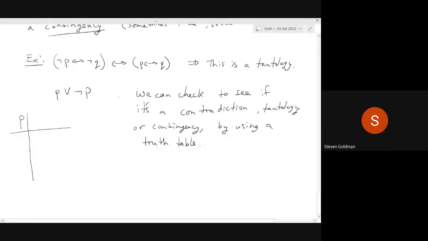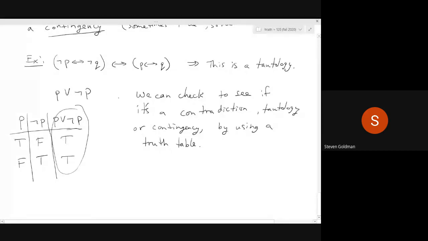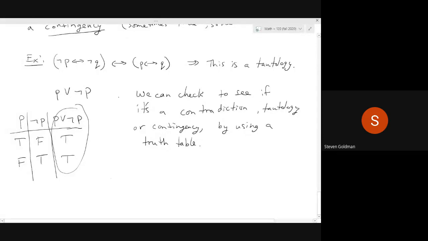I have P, I have not P, and then I have P or not P. I really have two possibilities. P is either true or false. Not P is either false or true. Not P has the opposite truth values of P. So either P is true and not P is false, or P is false and not P is true. The disjunction will be true when at least one is true. So in the first row, P is true, so it's true. In the second row, not P is true, so it's true. So P or not P will always be true. So it's a tautology.